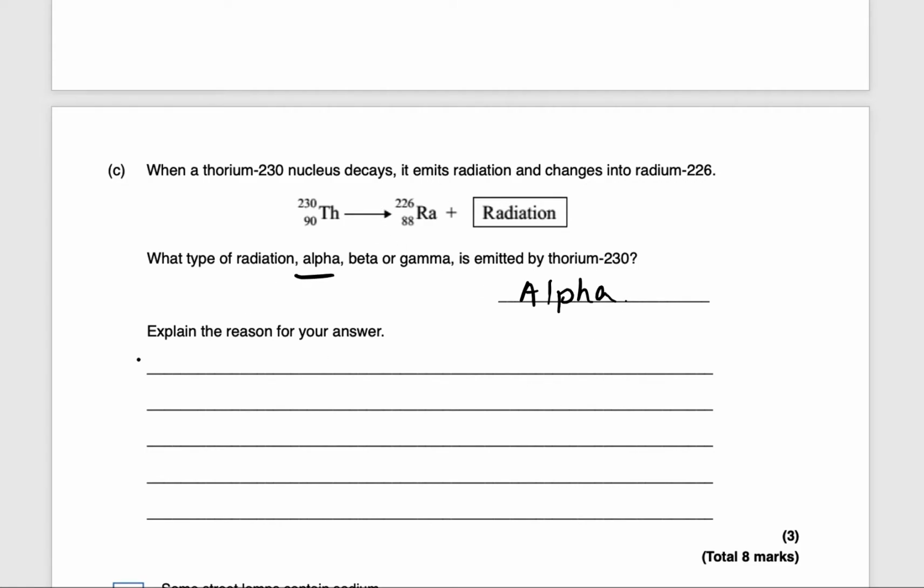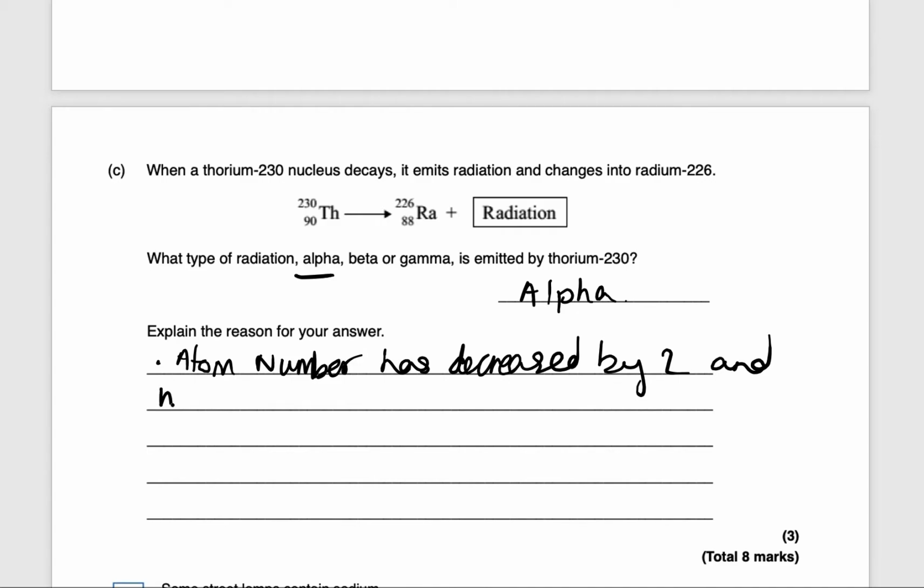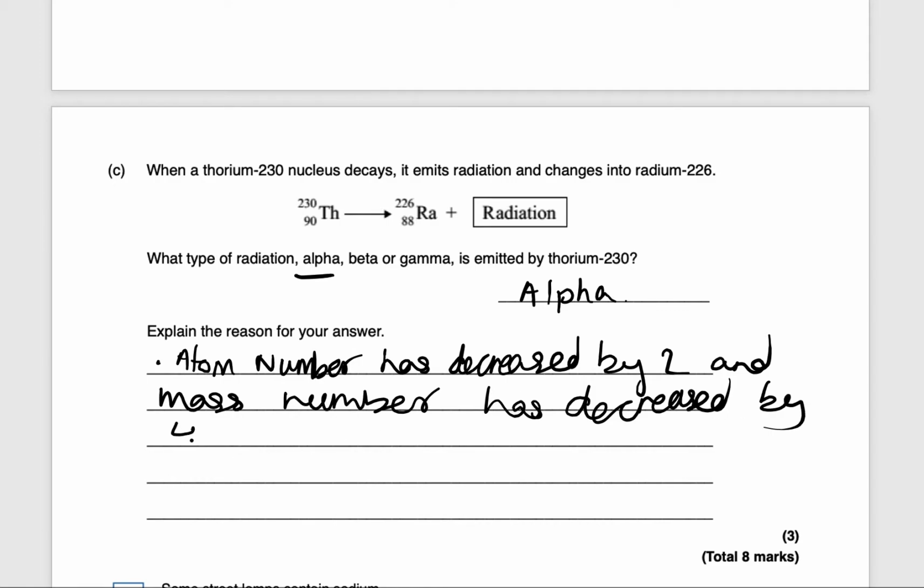And the reason is so that we know that the atomic number has decreased by 2 and the mass number has decreased by 4. Okay, and why is it because of this?